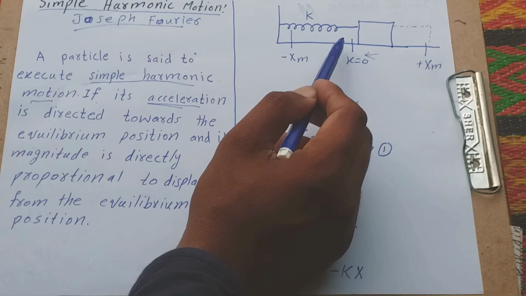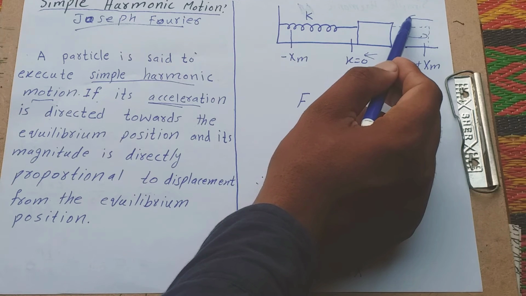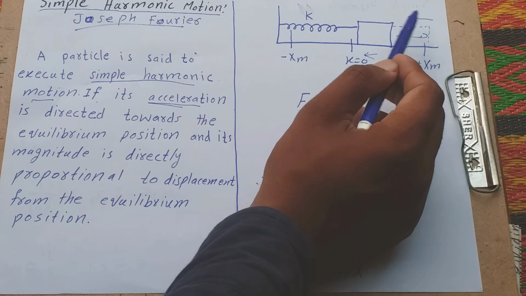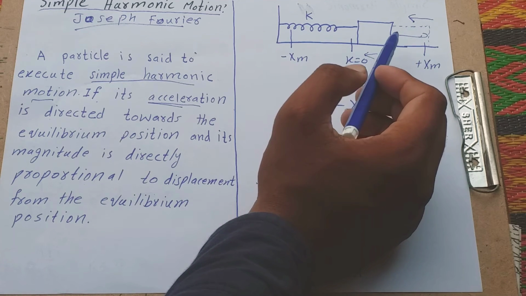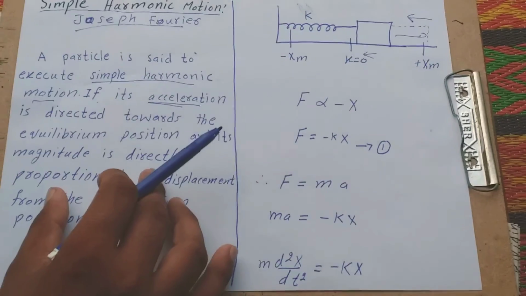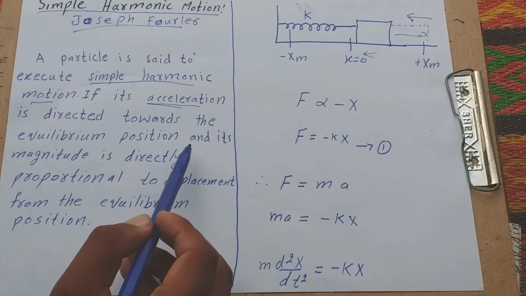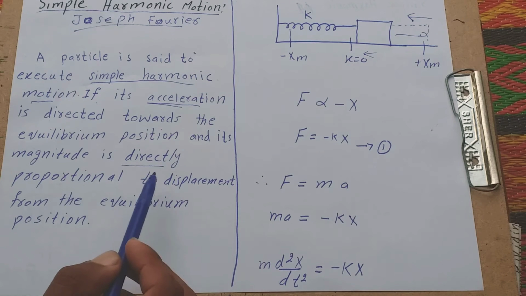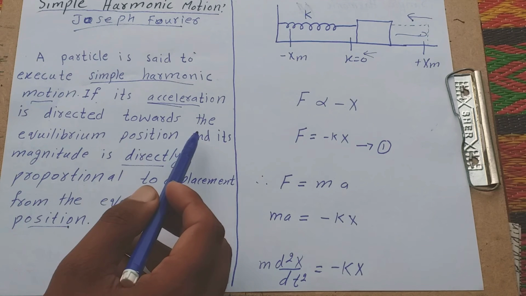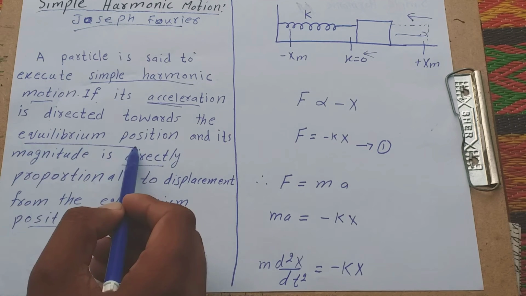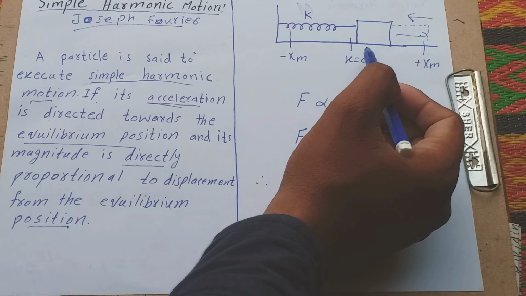If we pull the block from this side, it moves back with a restoring force, and its acceleration is directed toward the equilibrium position, and its magnitude is directly proportional to the displacement from the mean position.